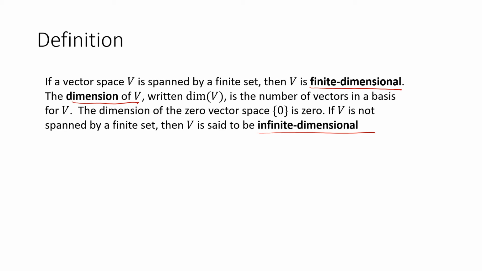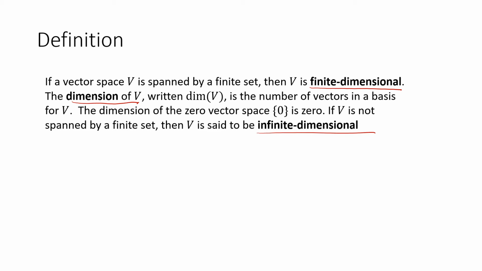what's a basis for that? A basis for the set of all polynomials is 1, x, x squared, x cubed, x fourth, x to the fifth, and so on. That is a basis for it, and it's infinite dimensional. There is no finite basis for the set of all polynomials of all degrees. Okay?